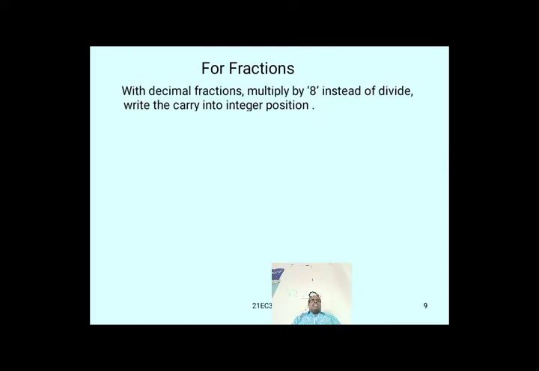We want to perform the multiplication here, and whatever integer value we get from that multiplication, we want to write in the carry position. It is the single motto for this fraction conversion. Here I have taken an example: decimal value 0.23 into an octal fraction.